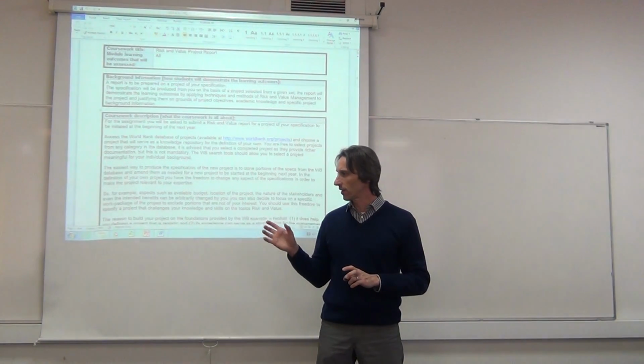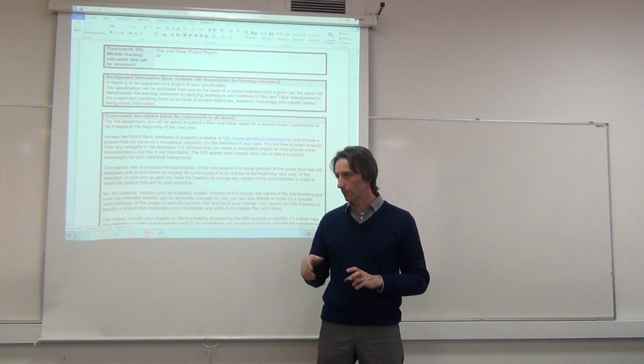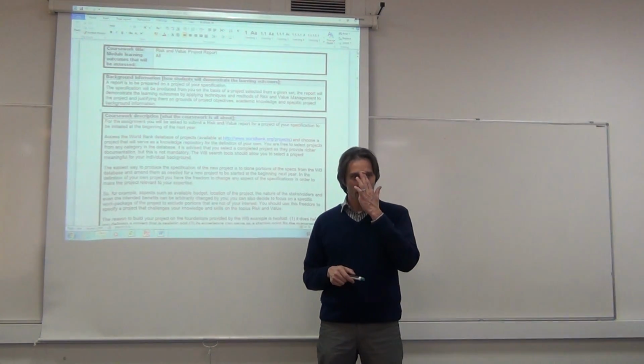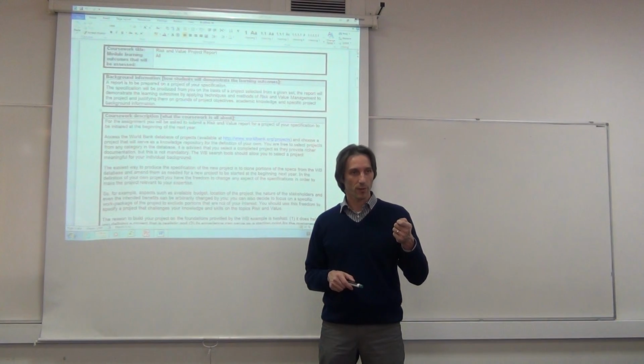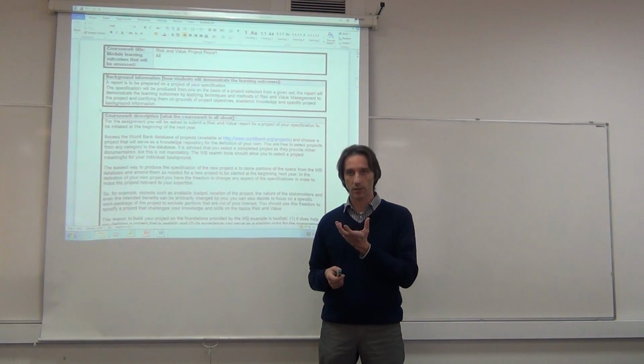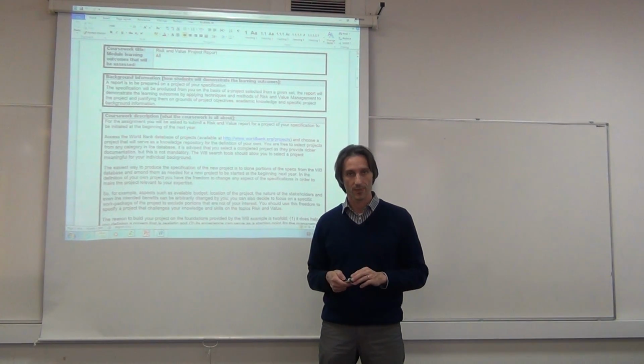Section B is on the value portion, I think. Section B is on how do you capture the benefits of the project in general, and how you make sure that you have them accurately identified.